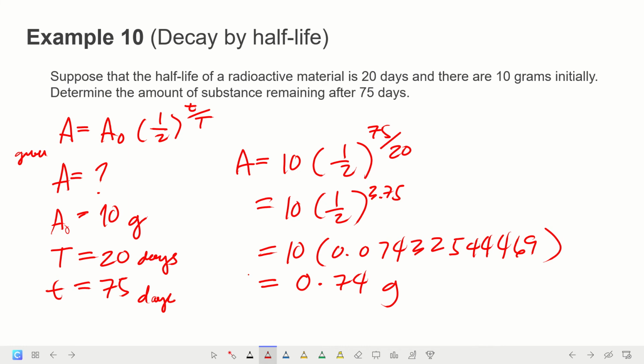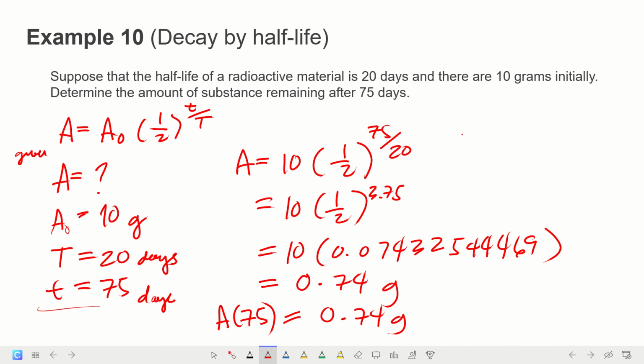We can also write this in terms of function notation. Ang sabi natin that our independent variable is our time interval. So, A of 75, the function of 75, produces this value of 0.74 grams. To write the final answer, you need to conclude as a statement, because this is a problem solving.